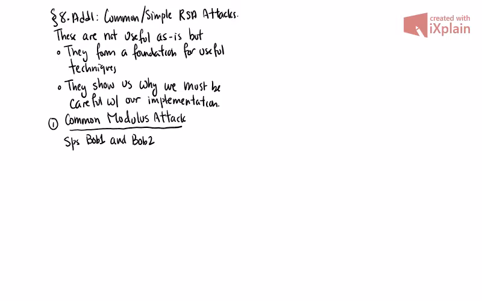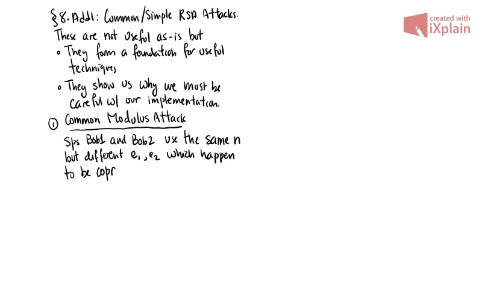For some reason they happen to end up using the same modulus, n, but they use different encryption exponents. Let's say different E1 and E2, and suppose those happen to be coprime. So maybe they're using simple numbers, so maybe one uses 3 and one uses 7 or something like that. So suppose this happens.